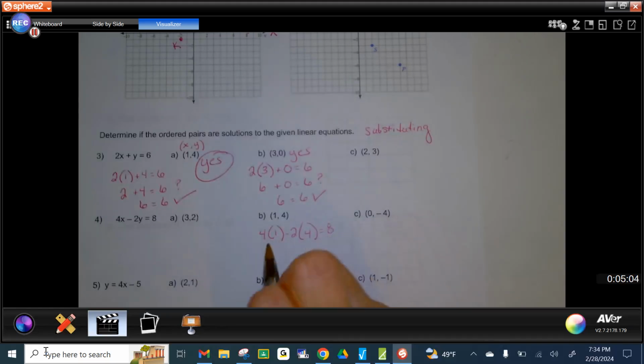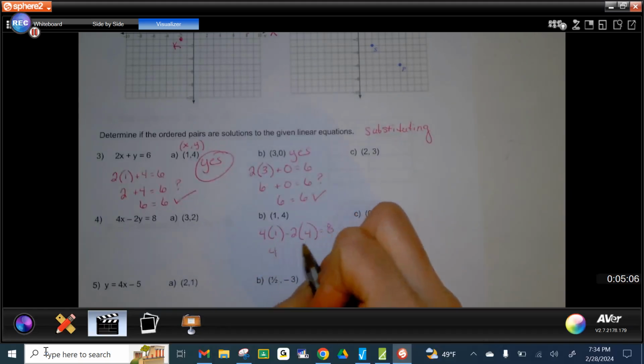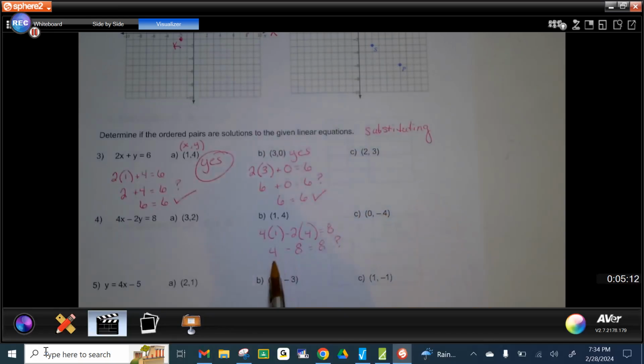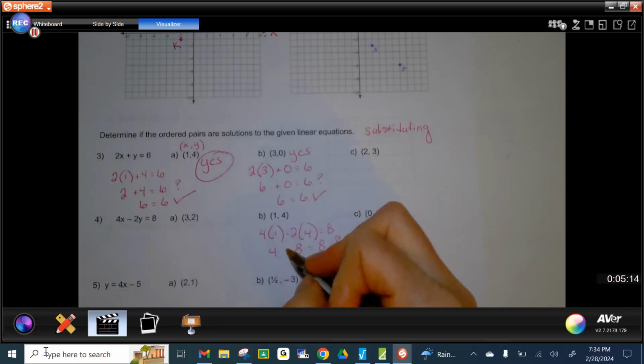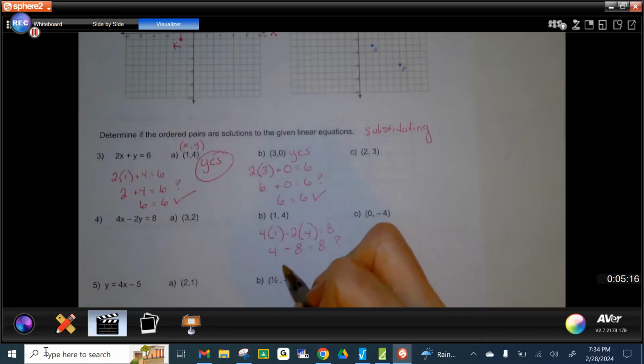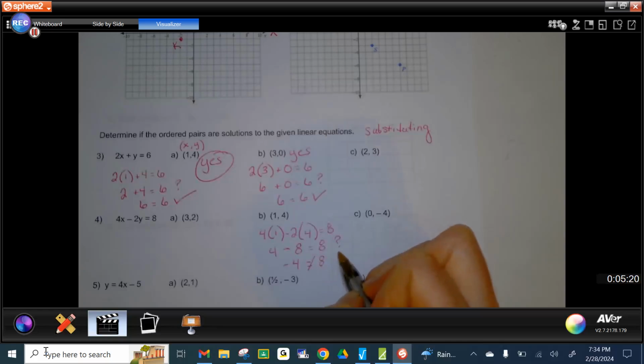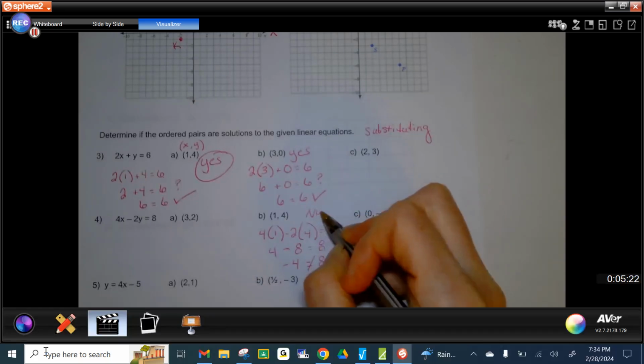Now I'll do the math. 4 times 1 is 4, and 2 times 4 is 8. Does that equal 8? Well, 4 minus 8, if you use your number line or your integer rules, you'll know that that's negative 4. That does not equal 8. So this is not a solution.